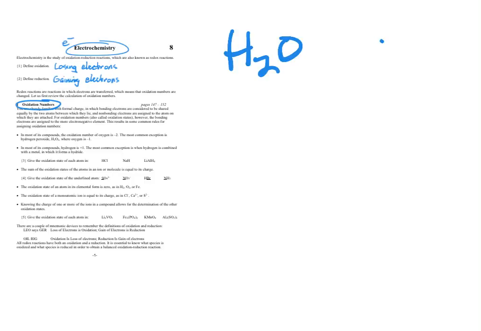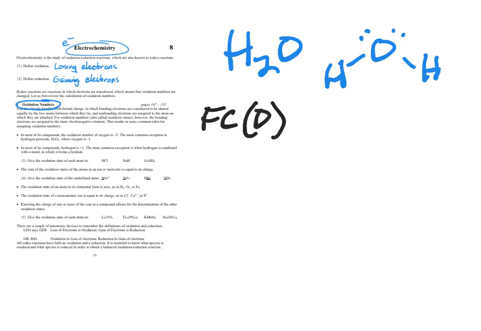Of course, water has the following structure: oxygen in the middle, some lone pairs on the oxygen, and of course, it's bent. Back when we were doing Lewis dot structures, we talked about how we could calculate formal charge. I'm going to do the formal charge calculations here in black ink. For example, we could do the formal charge of the oxygen. Remember, you start with the group number, and oxygen is in group 6.